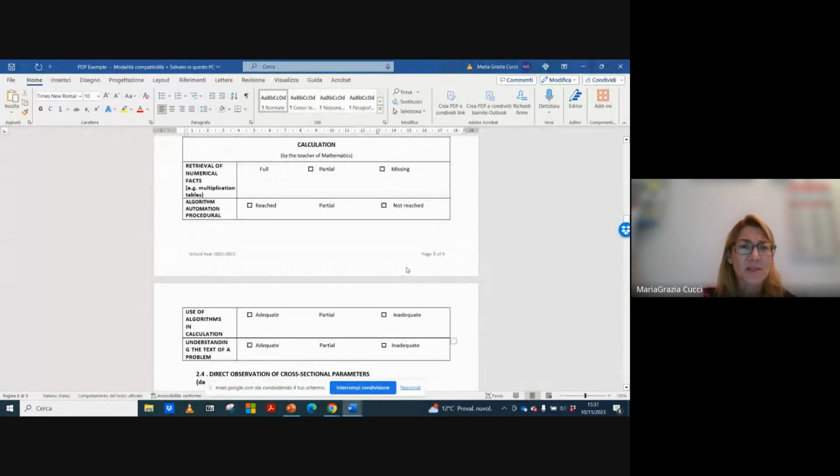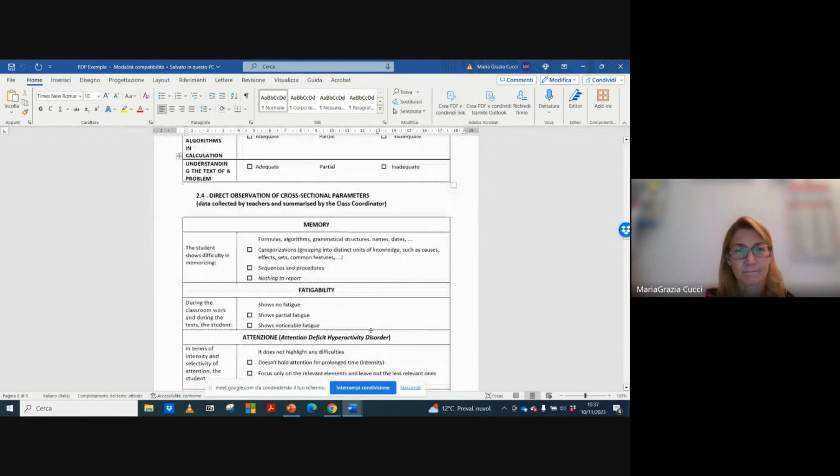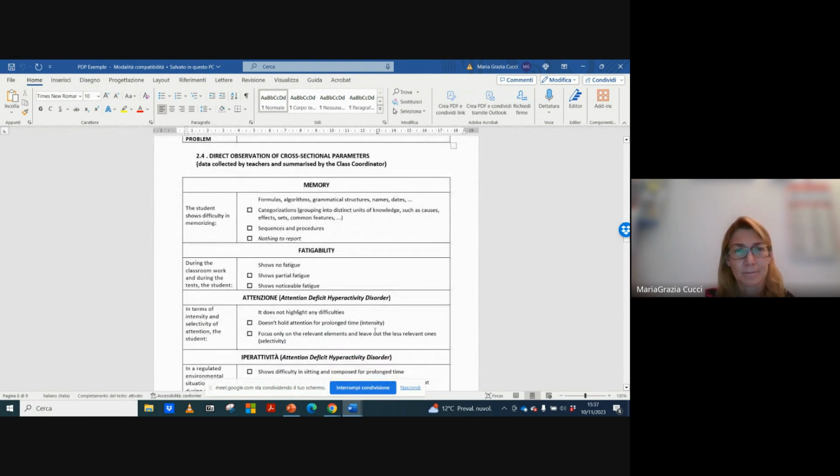So you have something that should be very automatic at this age of the student, and something that is more related to the use of numbers as a fact for problem solving. Then you have many other parameters.